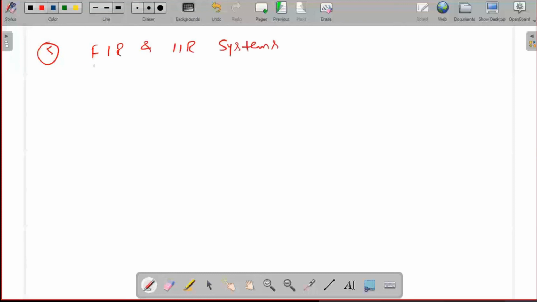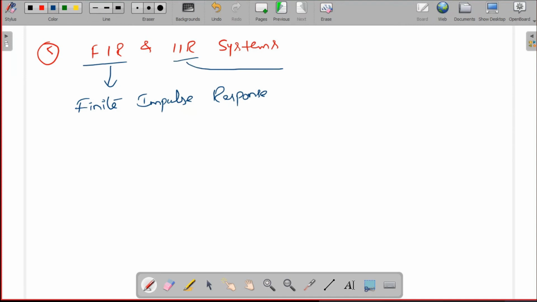FIR stands for finite impulse response, and IIR stands for infinite impulse response. FIR and IIR: finite impulse response and infinite impulse response.